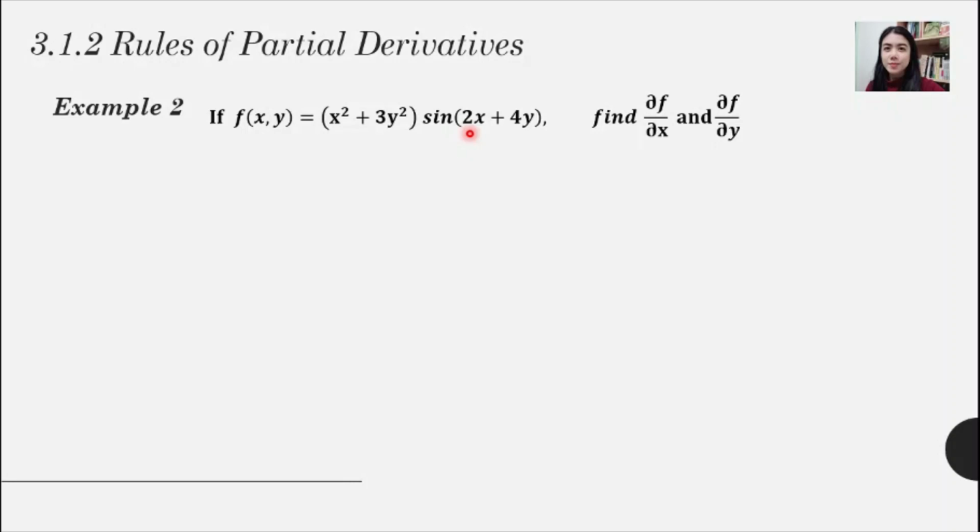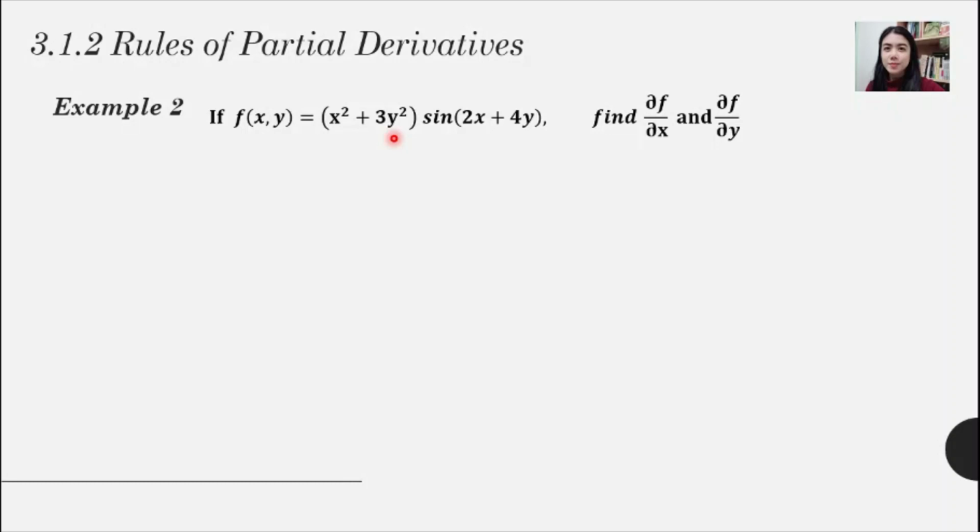And here we also have the x. The x is actually inside the sine. So you also have the x here. Basically, they have a relationship of multiplication. It means that you're going to use the product rule because they are the product of the multiplication. So let's use the product rule in order to find the partial derivative.